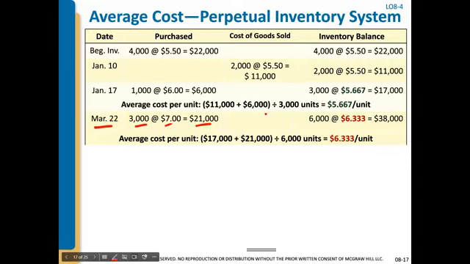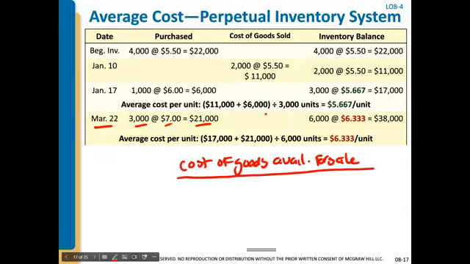And now every time you make a purchase, again, you have a new average, you have to calculate a new average cost per unit, right? And that's your cost of goods available for sale, I keep writing this down so it hopefully gets in your head more, divided by the number of units available for sale.